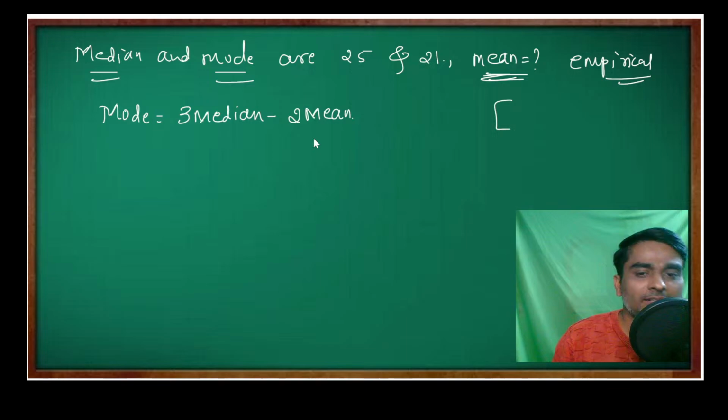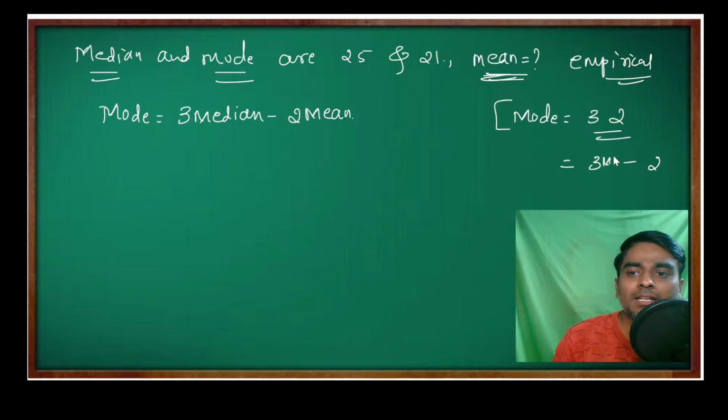So I always remember what mode is equal to. I remember it like this: mode is 32. 32 means 3, 2, and in between minus. Here median, here mean.